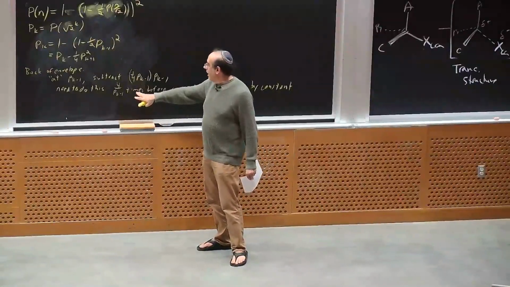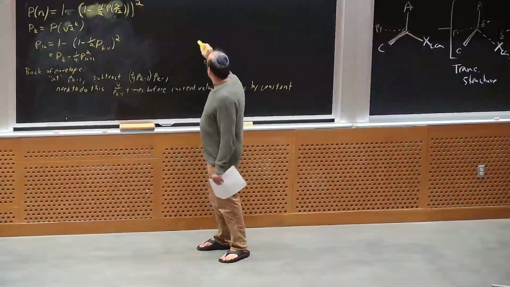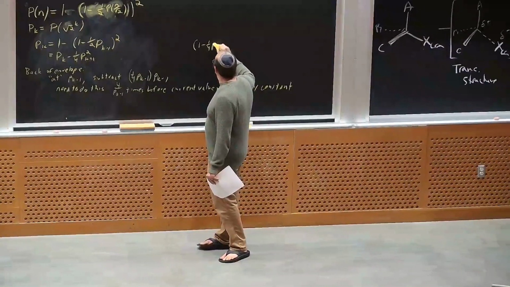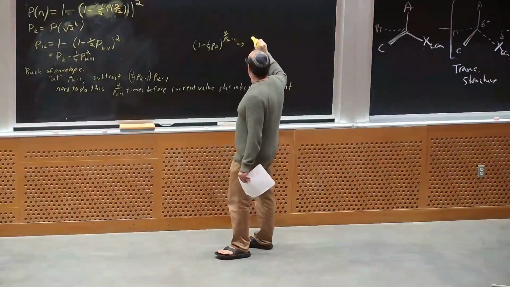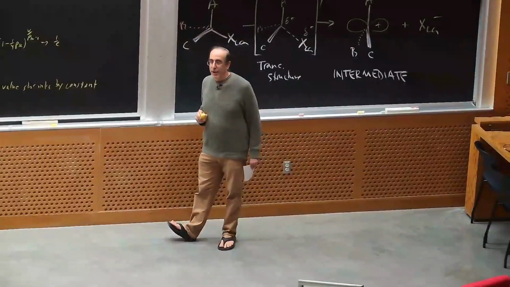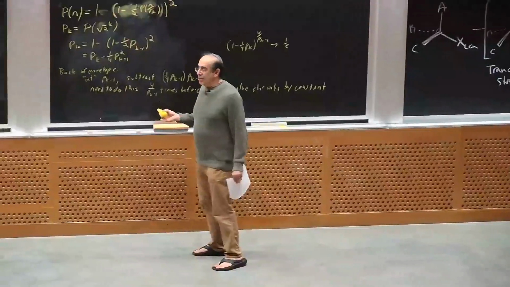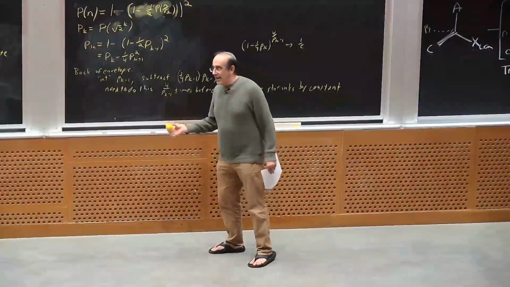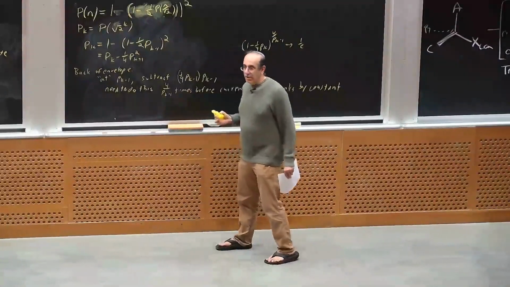I'm shaving off this much each time. So after I do it 4 over P sub k minus 1 times, I'm going to be shaving off about a 1 over e factor from the value. So essentially, P sub k is shrinking and shrinking, and the rate of shrinking is such that in order for it to divide by a constant factor, you have to go a number of steps equal to the inverse of the current value.